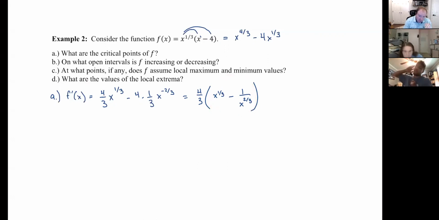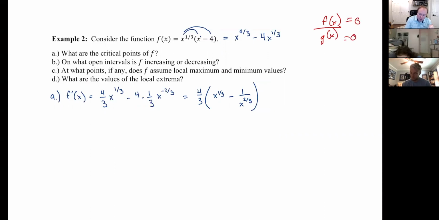So when we go to set this equal to 0 to find the critical points, there's a couple ways to approach this. I'm going to go ahead and get a common denominator, because it's really nice if you have a function where there's a function on the top and a function in the denominator, you just set each of them equal to 0 separately.